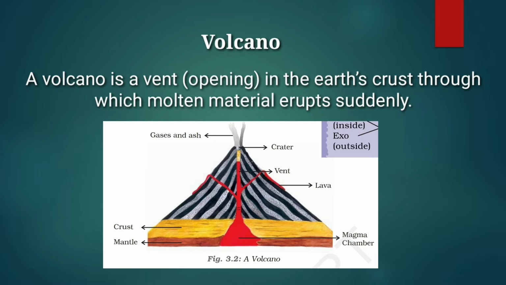Crater means the mouth of the opening from where gases and ash come out. Vent is the opening. Lava, as you can see in red color. When lava is inside the earth, it is known as magma. And magma is stored in the magma chamber, in the earth crust and mantle. I hope you all are aware of these words.